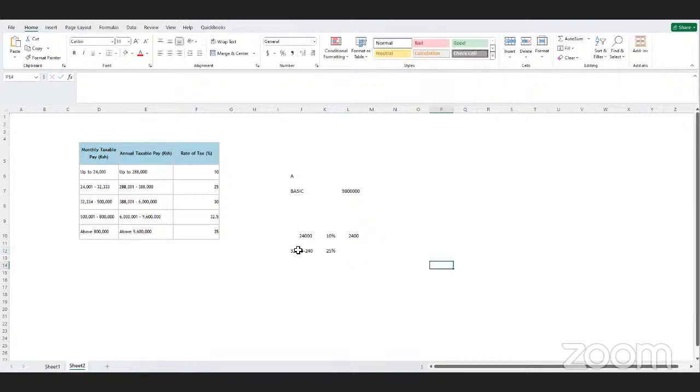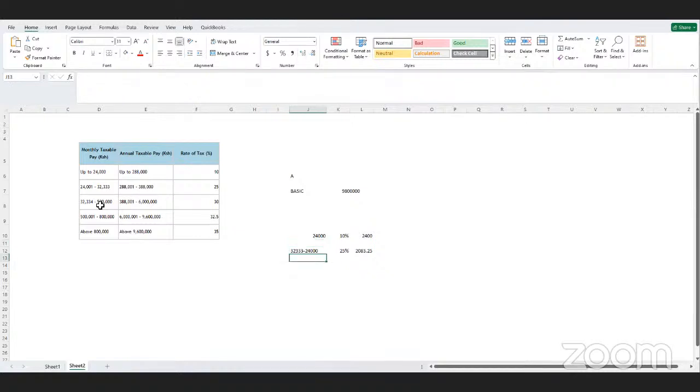So I will take equals, or I can say bracket 32,333 minus 24,000. Whatever I'm getting here, I will multiply by 25%. The next scale is from 32,334 to 500,000.